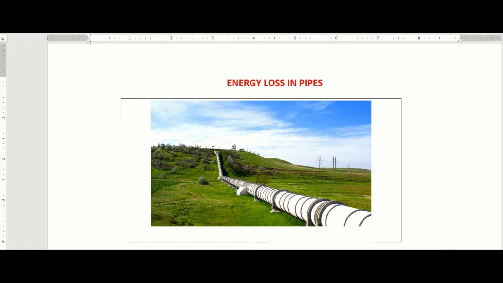When a fluid is flowing via a pipe, the fluid experiences some resistance, due to which some of the energy of the fluid is lost. We have two major types of energy losses. One is called the major energy loss, and the other is called the minor energy loss.